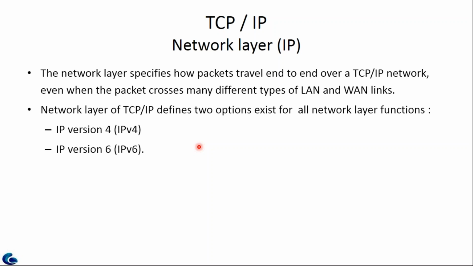IPv4 was the earlier version of the Internet Protocol, still predominantly used all over the world. But at some point it was felt that we were running out of addresses, because every host machine, or these days every thing, because we are hearing about the Internet of Things, if it wishes to be on the network, should have a unique IP address.